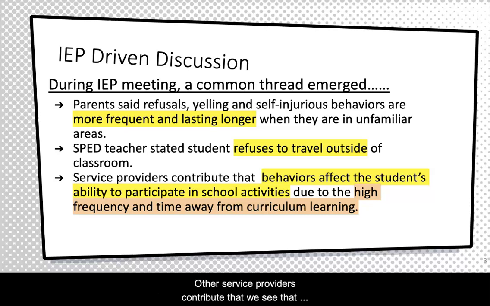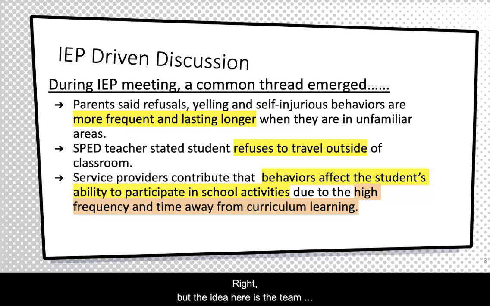Other service providers contribute that we see that behavior is really impacting the student's ability then to gain what they need from other settings or classrooms, because traveling or transitioning between classrooms is an expectation of being in school a lot of the time. And when you're away from learning, frequently you're going to develop further areas of need related to missing instruction in specific key content areas, right?